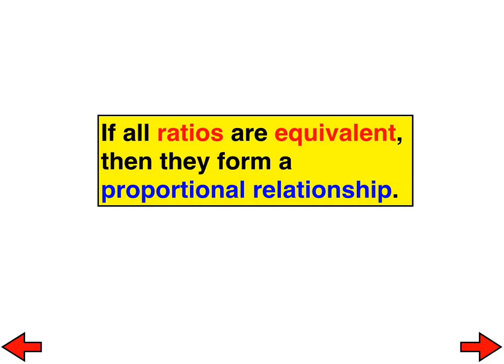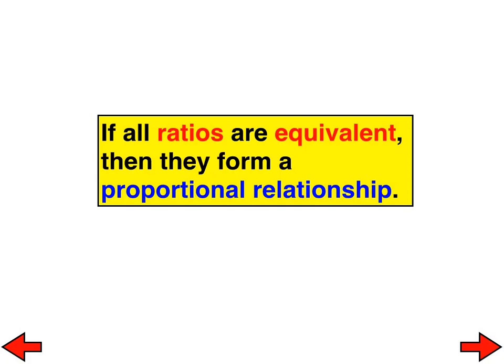So next we're going to go to number 2. And I'm going to have you check to see if that represents a proportional relationship or not. In number 2, you have a table that represents a comparison of meters to seconds.